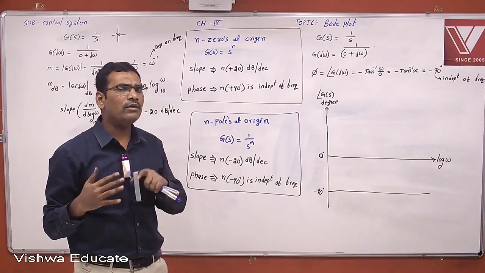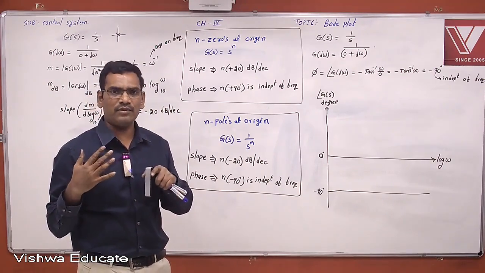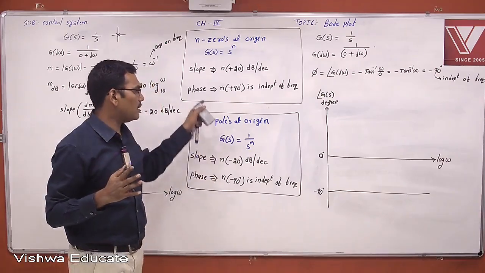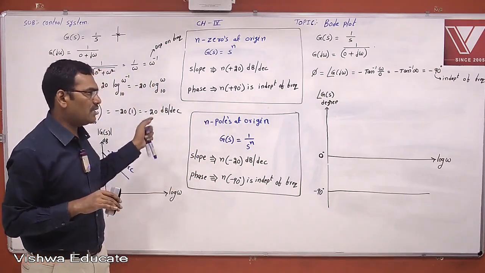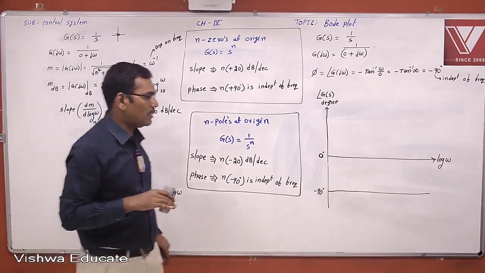Okay. Then for a number of poles, a number of zeros, a number of repetitions, you can get the same result. Okay. So anyway, we'll see all the combinations. Now first you would just take this one.